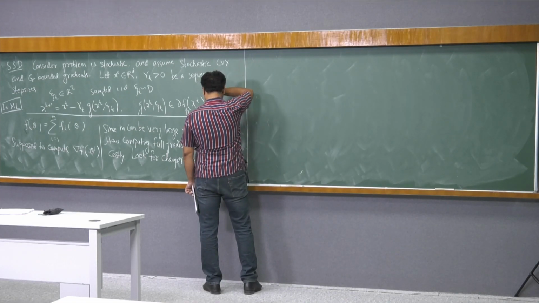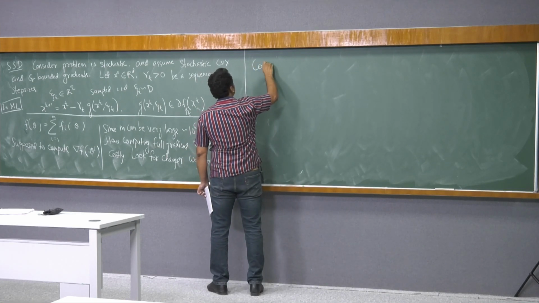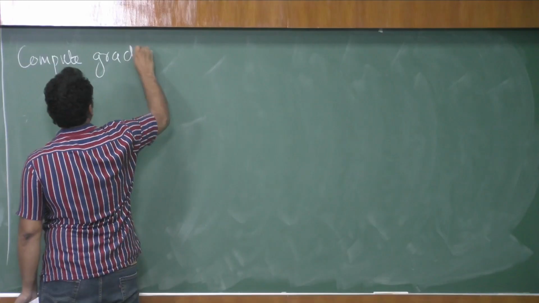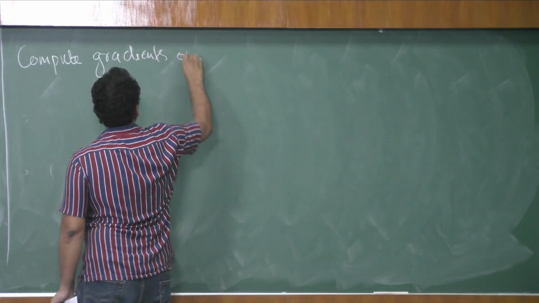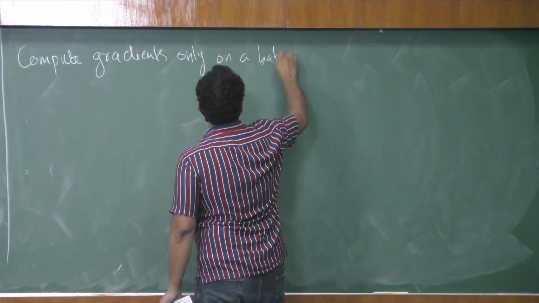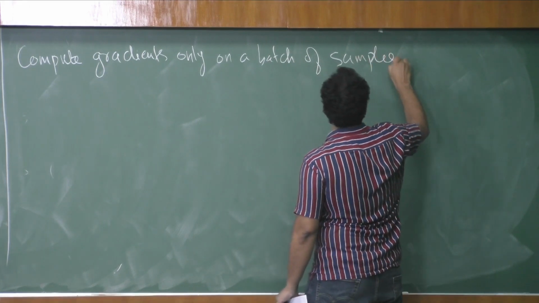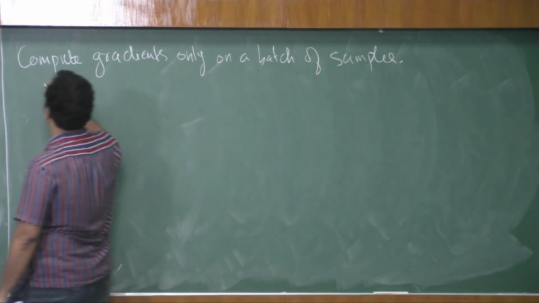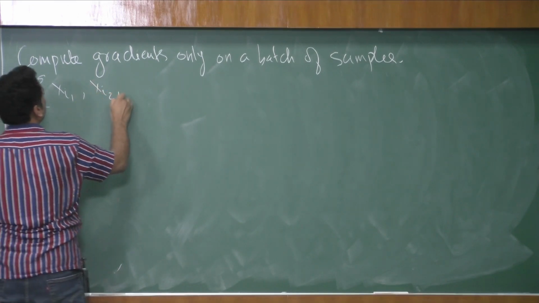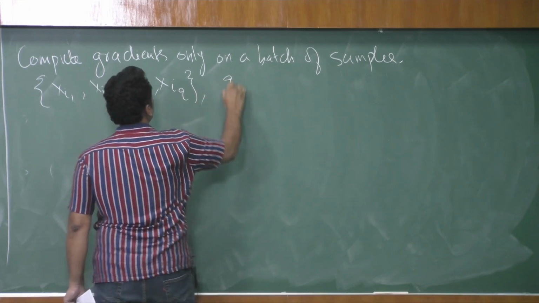So a cheaper way would be to compute gradients only on a batch of samples. Let us say in our case the batch of samples are xi1, xi2, up to xiq, where q is less than m.